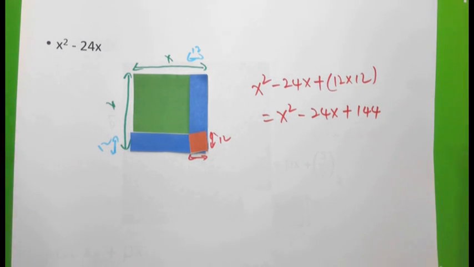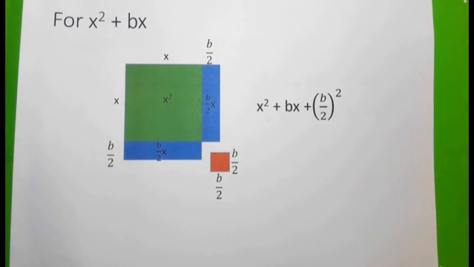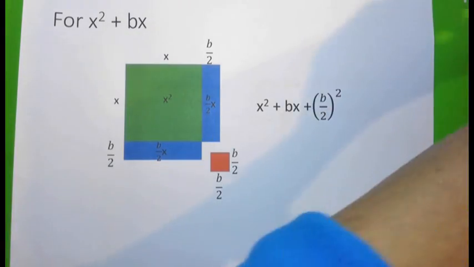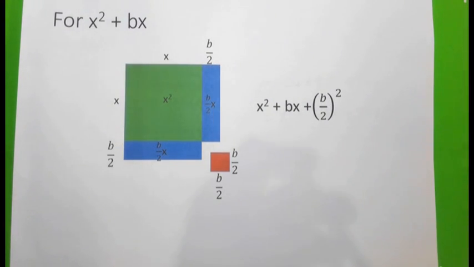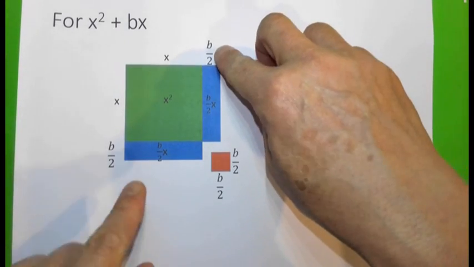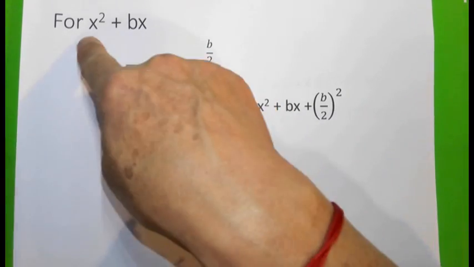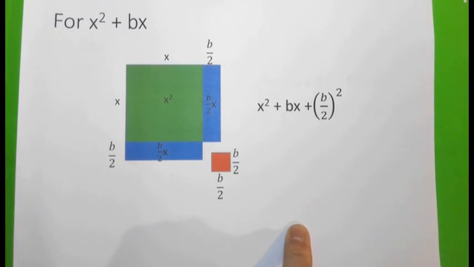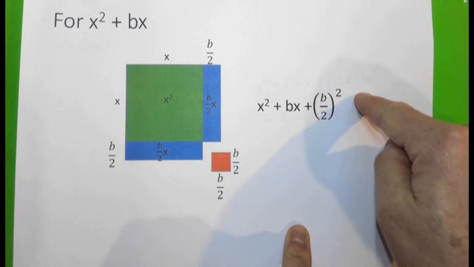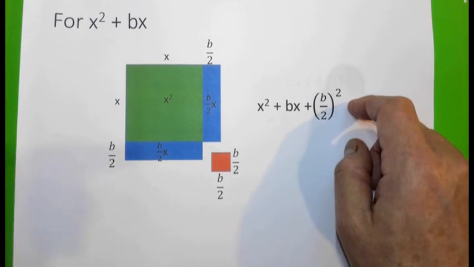Now, generally, for any expression x squared plus bx, we can represent it with this. What we do is, we add in a red square, where the measurement is actually b over 2. So, for x squared plus bx, to complete the square, we rewrite it as x squared plus bx plus (b over 2) squared.